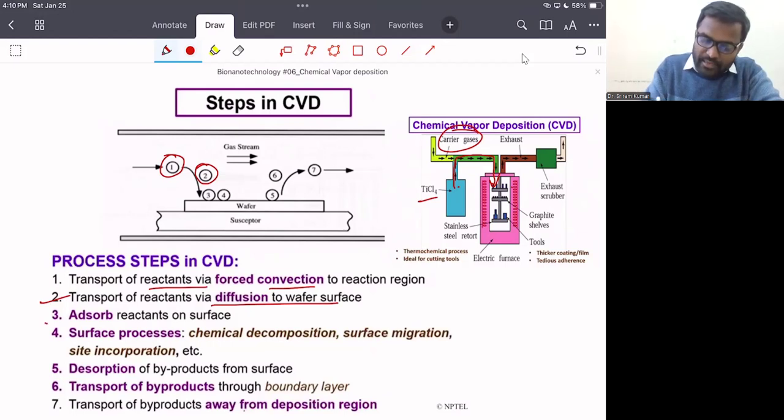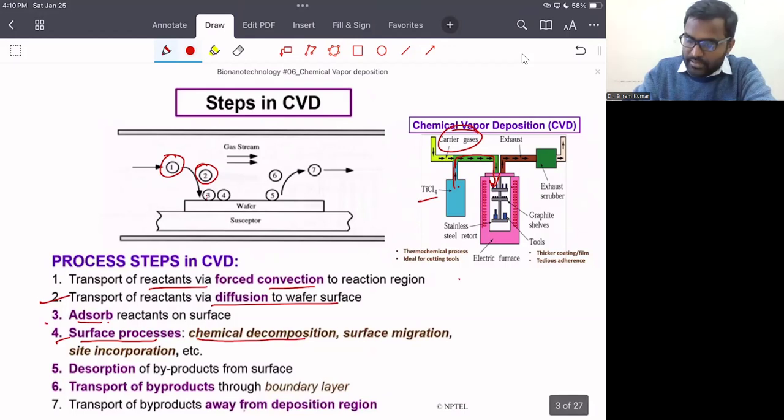The third step is the absorption of the precursor vapor on the substrate. The fourth step is some kind of surface processes. For example, chemical decomposition may happen, as I explained to you.